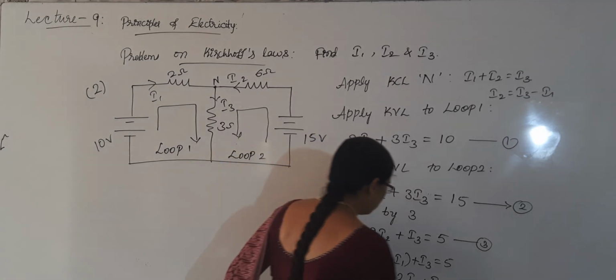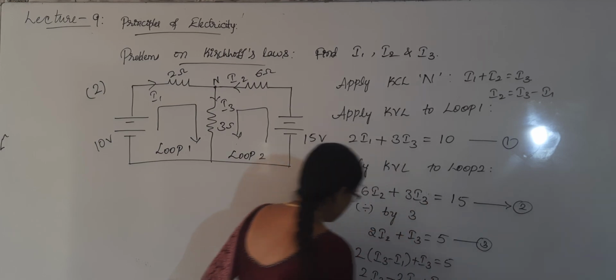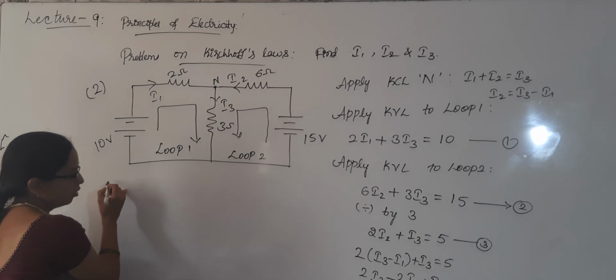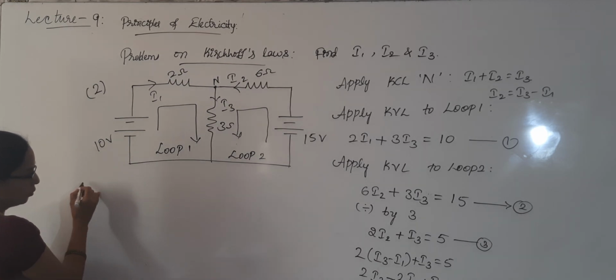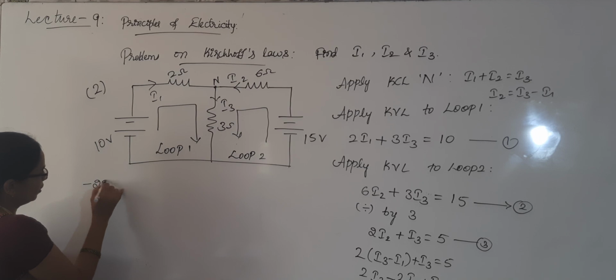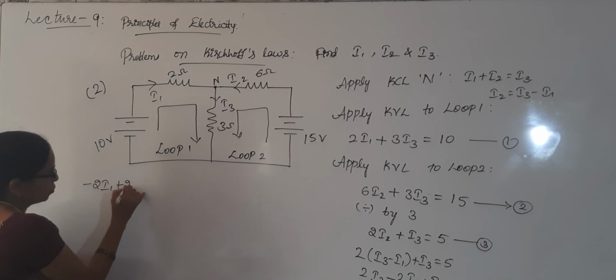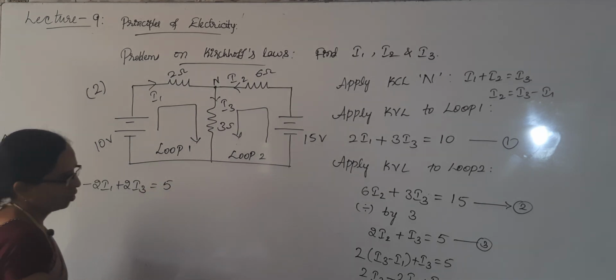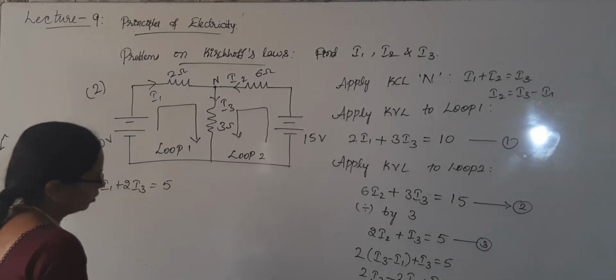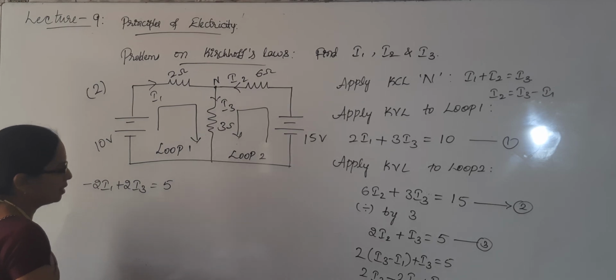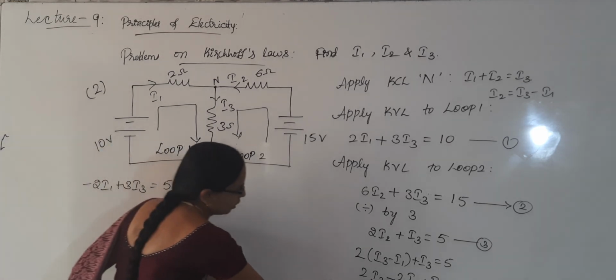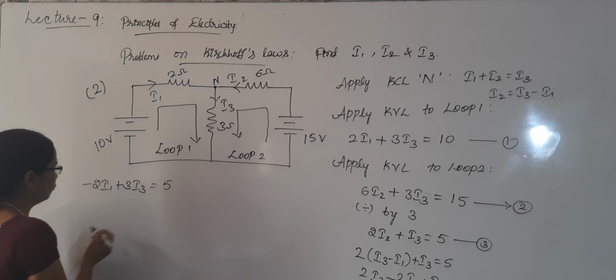I will get the final equation: minus 2I1 plus 3I3 is equal to 5, since 2I3 plus I3 is 3I3.